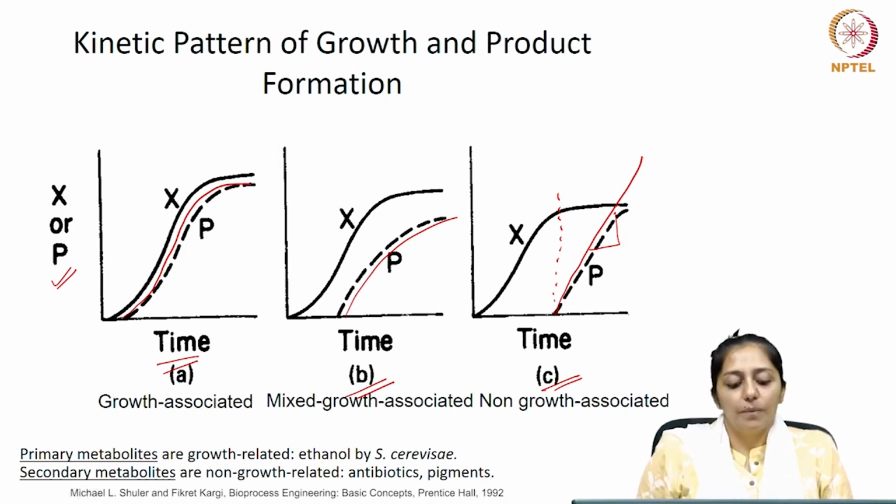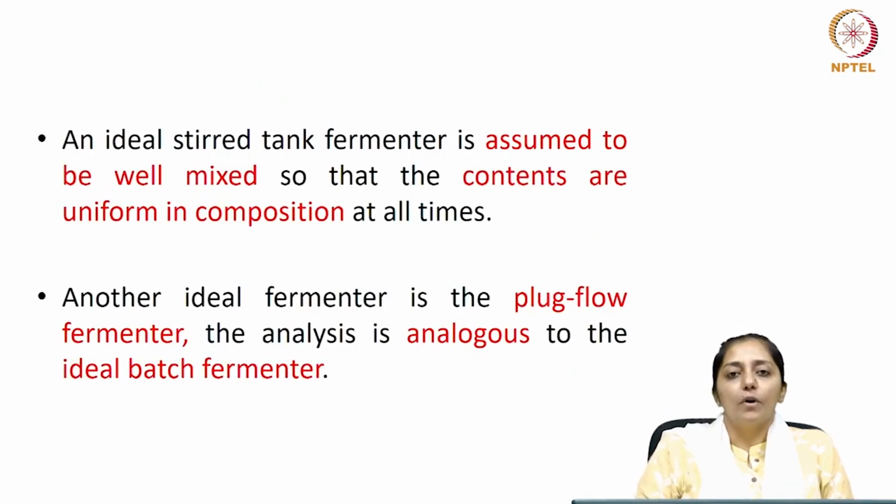So an example for growth associated product formation is primary metabolites formation, and non-growth associated kinetics behavior will be observed for secondary metabolites.